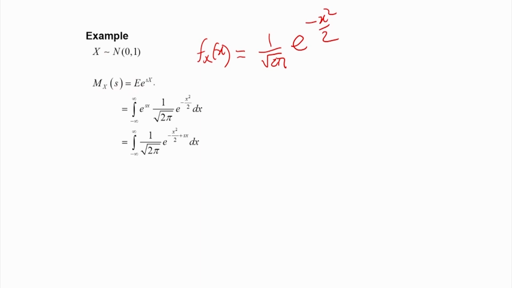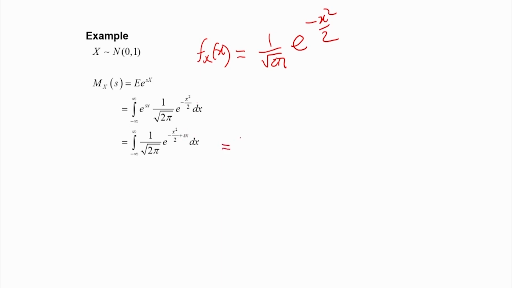It is given by the integration from minus infinity to infinity of e to the power sx, then the PDF is 1 by root over 2 pi into e to the power minus x square by 2 dx. We can simplify this by combining the same exponential, so it will be plus sx.